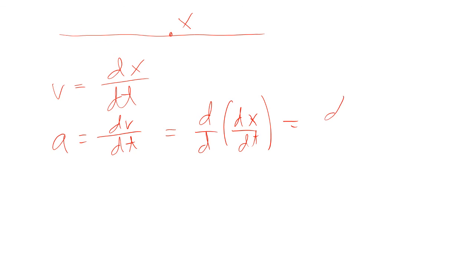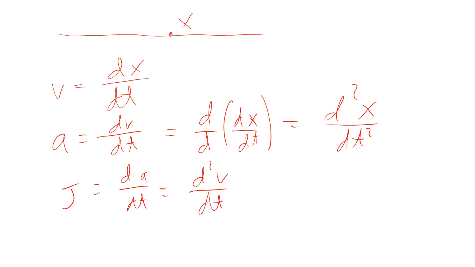That means it's the second derivative of position. Likewise, the jerk, which is dA/dt, is going to be the second derivative of the velocity, and it's going to be the third derivative of position. Next, we'll be doing an example of actually applying these things.